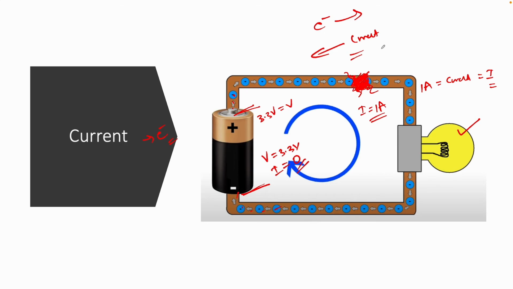We don't have any issues with current that flows opposite to the electron flow, right? But practically, if you look at it at a molecular level, electron flow actually happens from negative to positive, right? But for engineering, we always assume current flows from positive to negative.